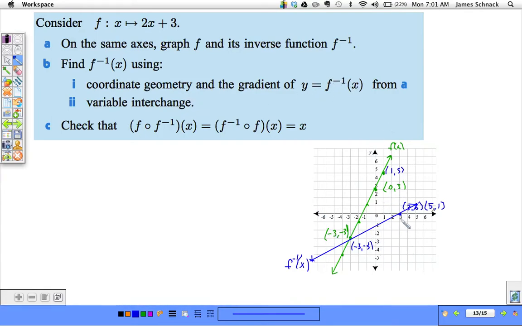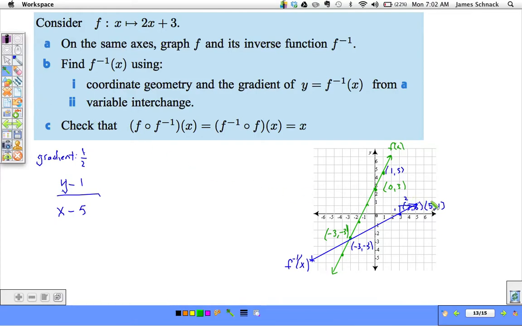So slope, gradient would be 1/2. And then I'm going to use the slope formula, which is basically point slope form. y minus 1 over x minus 5.